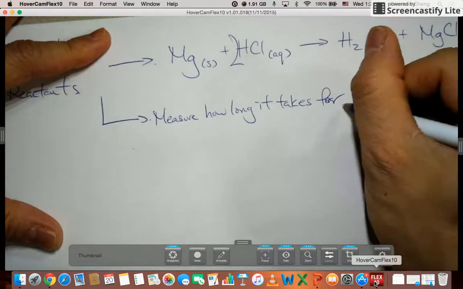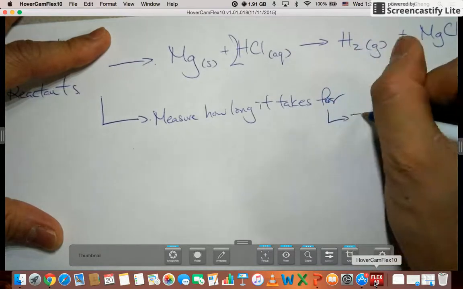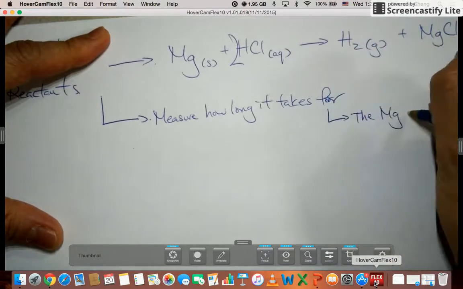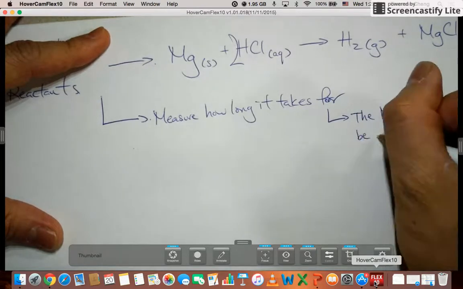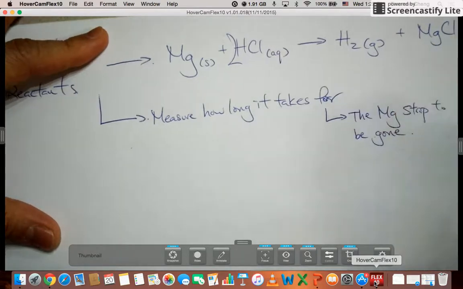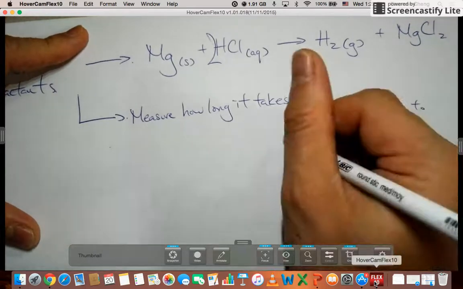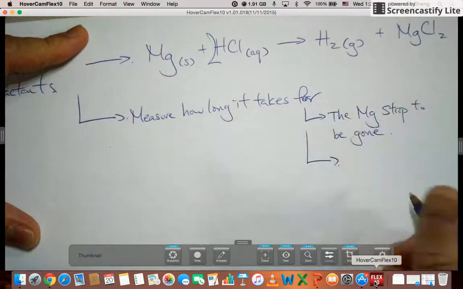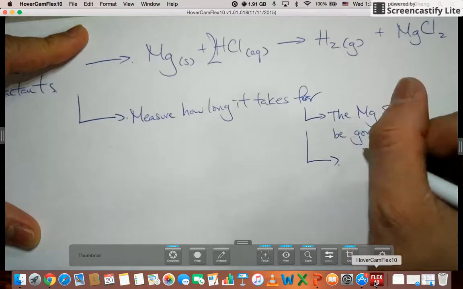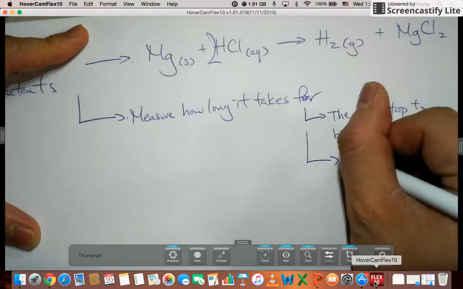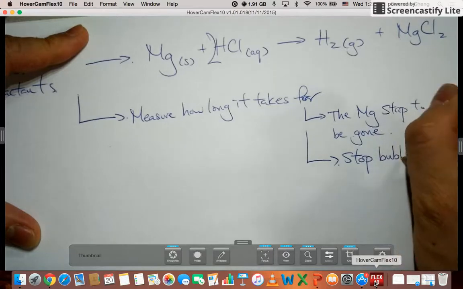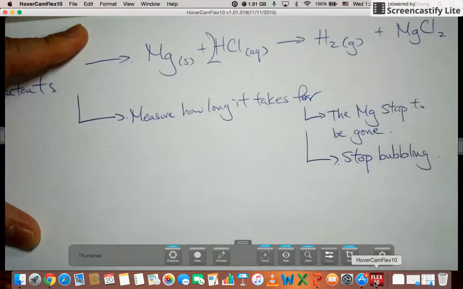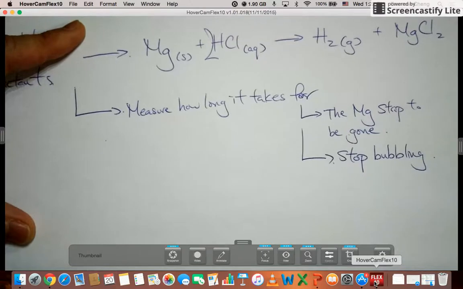You can actually do how long it takes for the magnesium strip to be gone, like completely disappear. You could also do how long it takes to stop bubbling. When the reaction is done, it will stop bubbling. You have two different options. So that's one possibility.